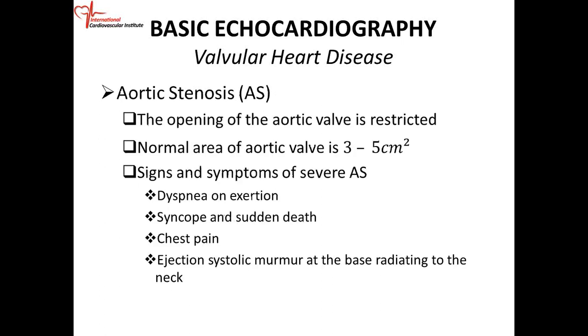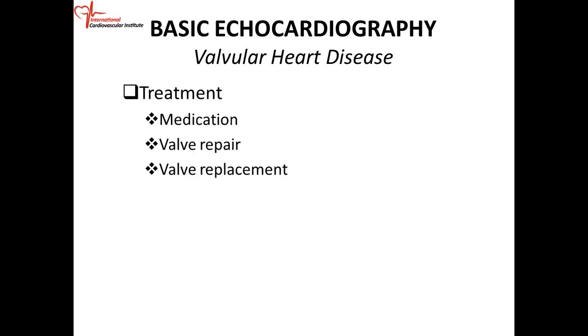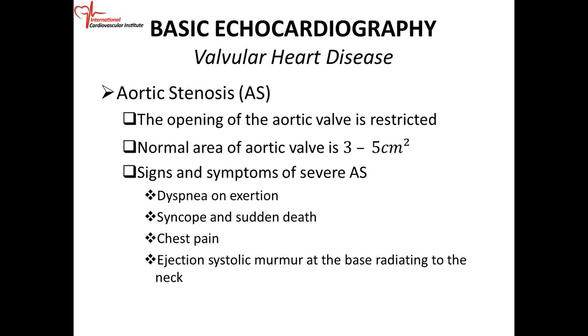All right, so let's just move into aortic stenosis. So the normal size of the aortic valve is about 3 to 5 centimeters squared. You have to know that. And when you have aortic stenosis, the opening of the aortic valve is restricted. It's not opening to its full extent.